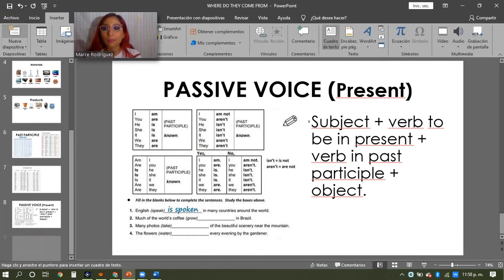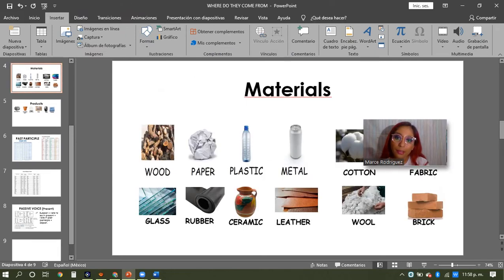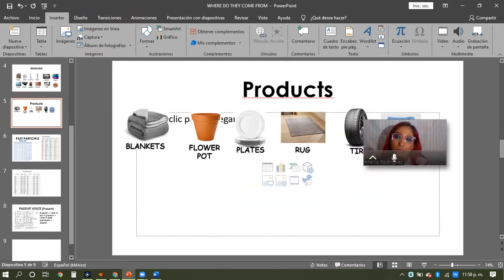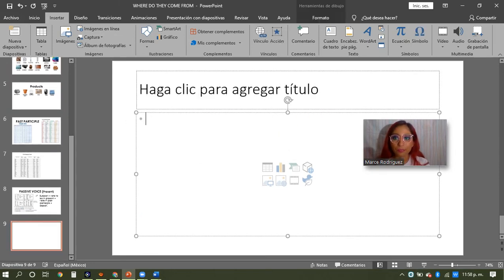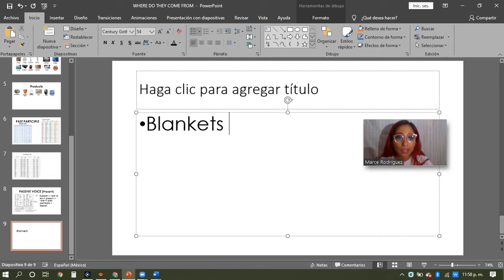Now, more examples. I can say, using our vocabulary, blankets. Let me change. Blankets, it's plural, so we use the form are of verb to be. Are make, sería make, but in past participle will be made.